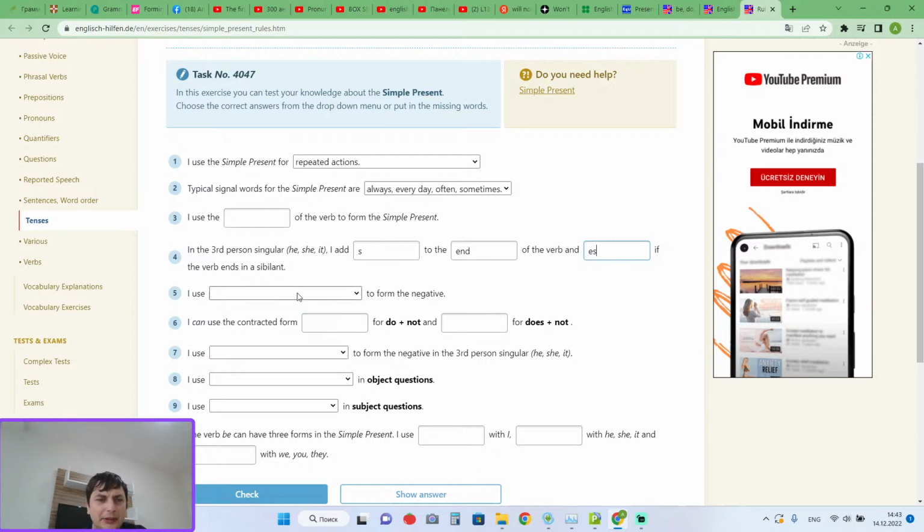Okay, I use did not... infinitive of the verb do, does plus not plus infinitive of the verb.